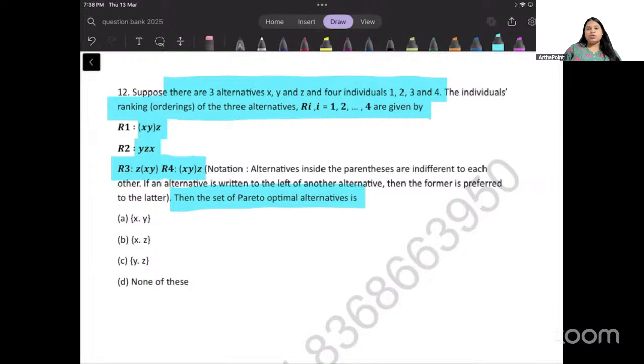Try to answer question number 12. It is an interesting but easy question.